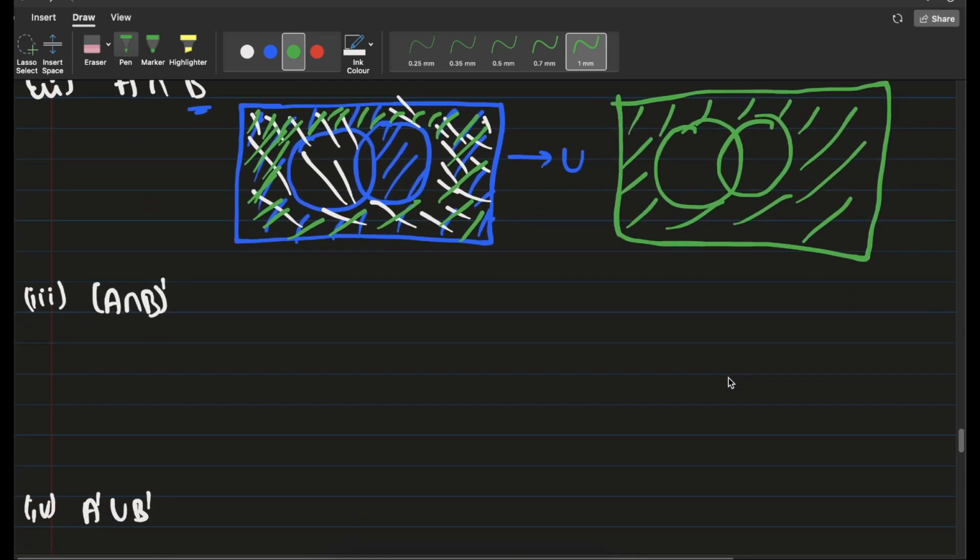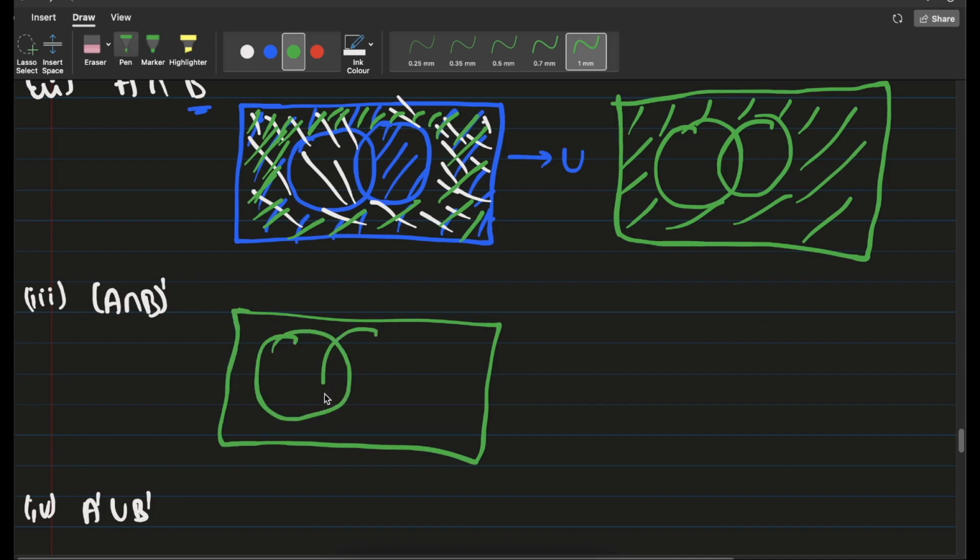Next question. (A intersection B) complement. Understand the question: first we will find A intersection B, then we will complement it. What is A intersection B? A intersection B is this part. Now we have to shade the area which is not present in this part, because we have complemented it, inside this universal set.